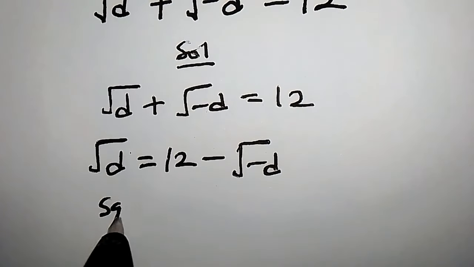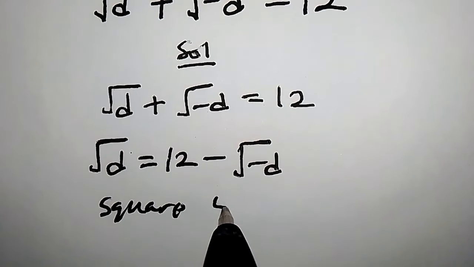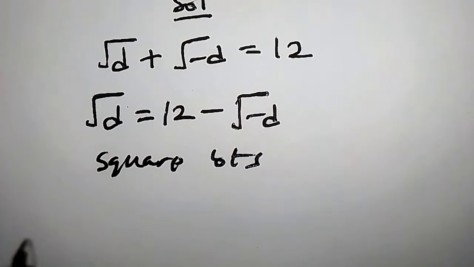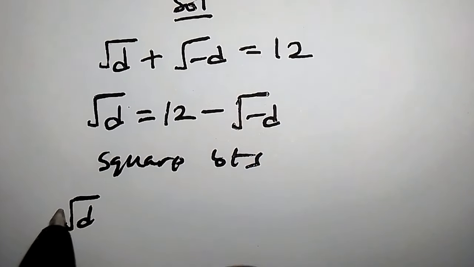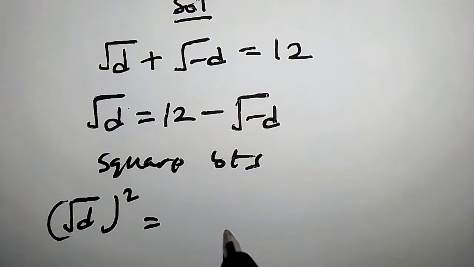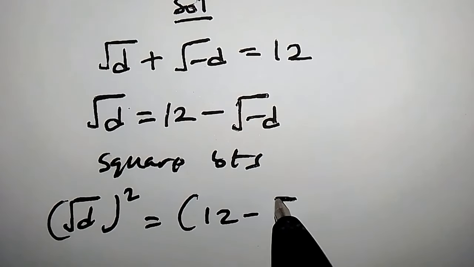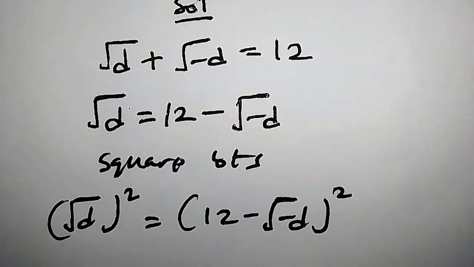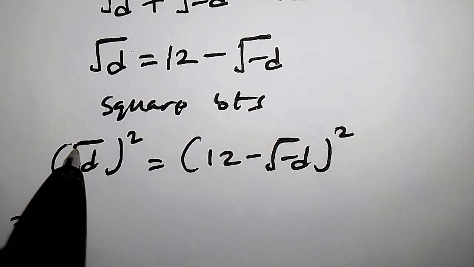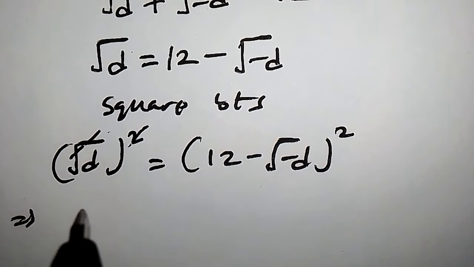Now, square both sides. Doing that, we are going to have square root of d all squared equal to 12 minus square root of negative d all squared. This means that this bigger square root cancels out this power.